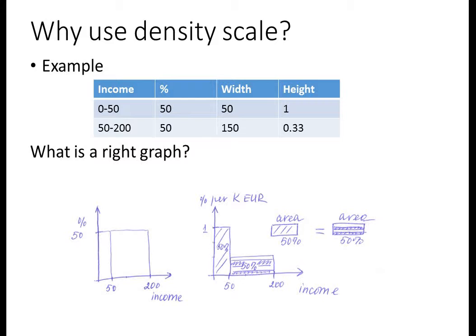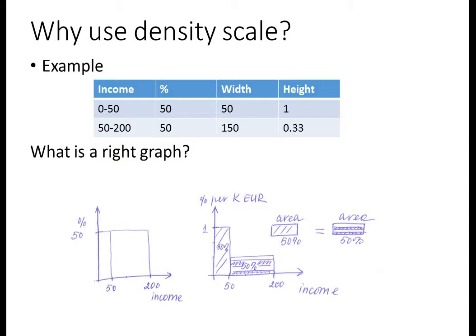We have a 50-50 split. And the graph to the right would be a proper histogram for our data, and it's really easy to see visually that we have two bars and each bar corresponds to 50%, and they sum up to a total of 100%.